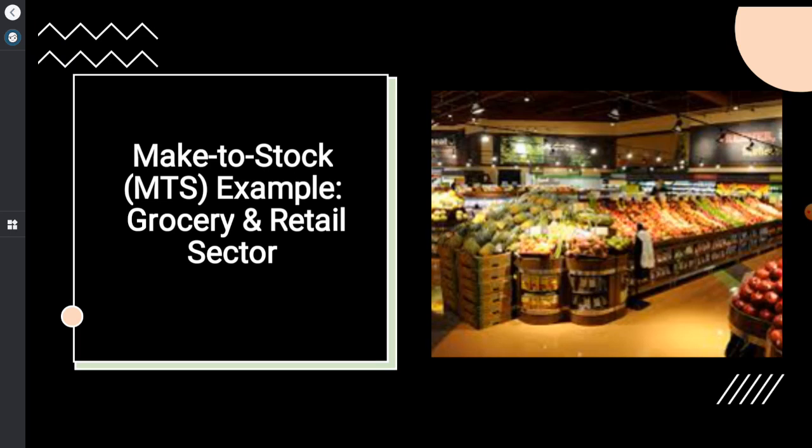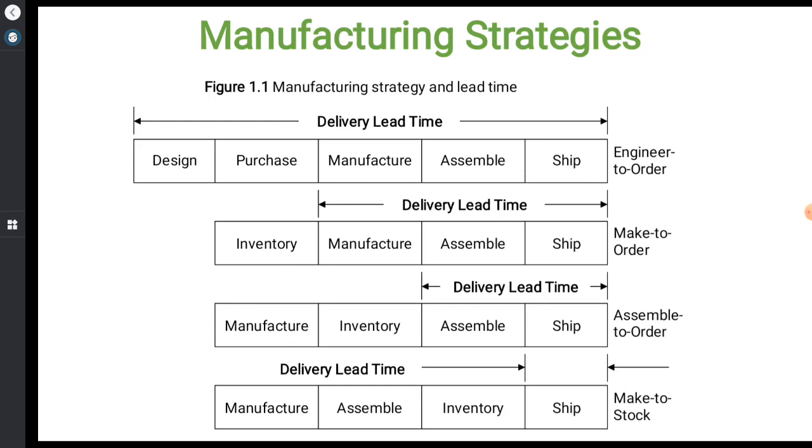Here you can see a summary or a comparison between the lead times of the different manufacturing strategies we just explained. As you can see, the lead time is reduced as you move down from engineer to order toward make to stock.